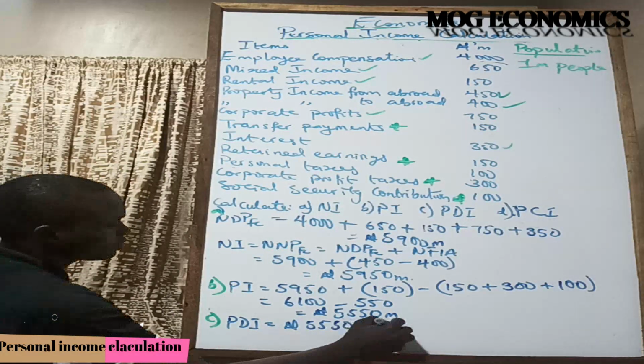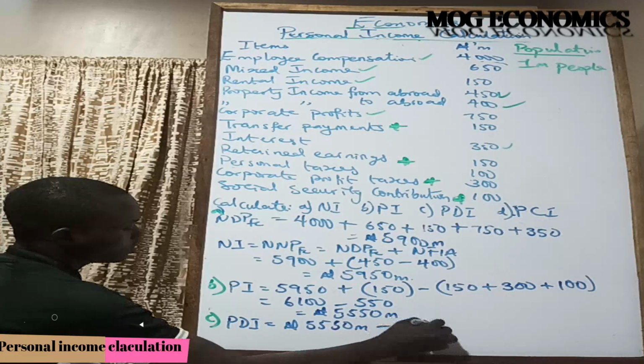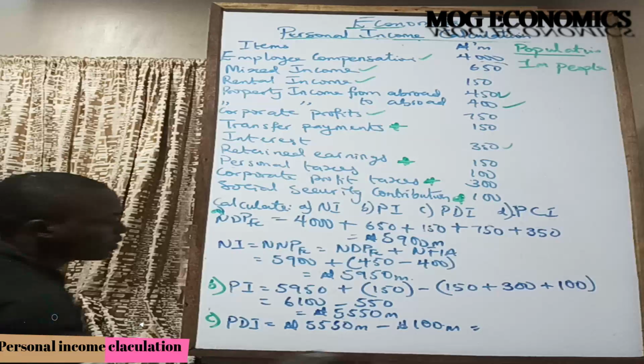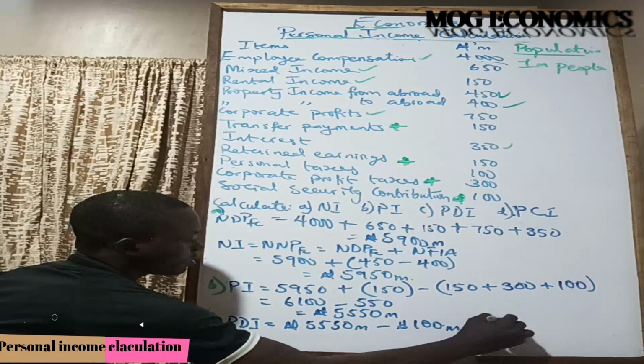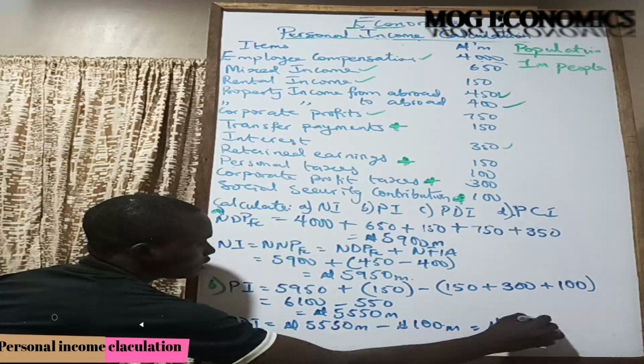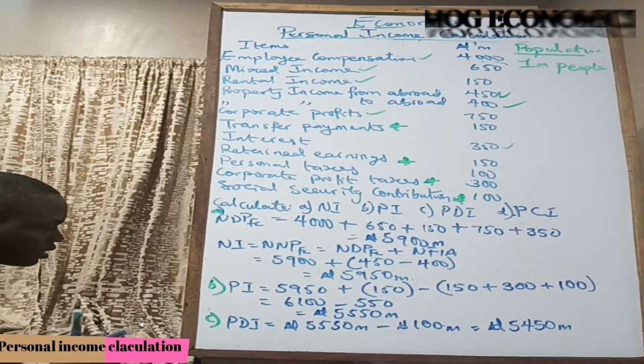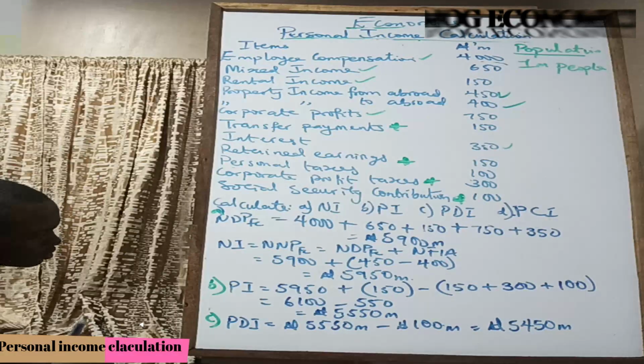Minus 100 million naira. And this gives me 5,450 million naira. So that's PDI: 555 minus 100.